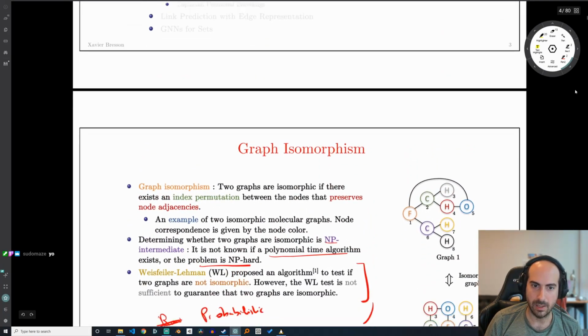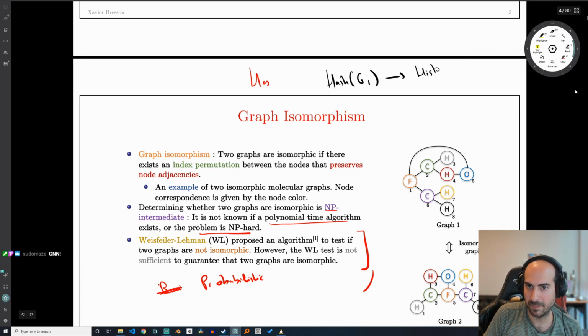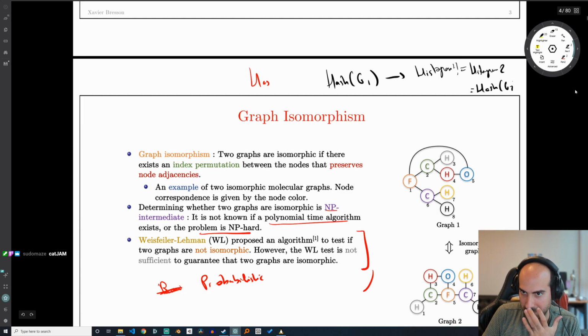So basically, think of it like a hash. So if you take a hash of graph 1 where the output is a histogram, basically it shouldn't be equal to the histogram of the hash of graph 2, if they're not isomorphic.